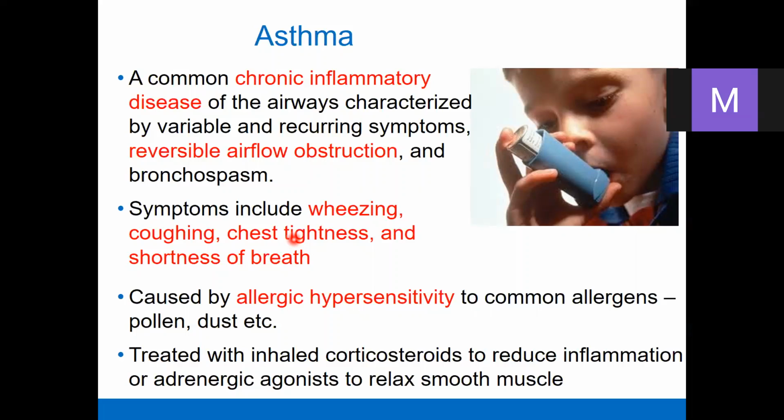It's caused by allergic hypersensitivities. Therefore, we use steroids and some adrenergic agonists, which relax smooth muscles and help patients to inspire enough.